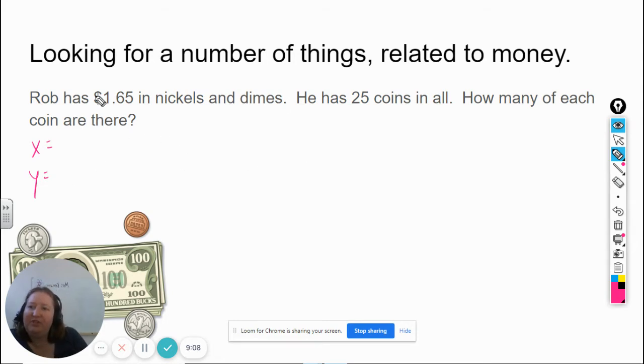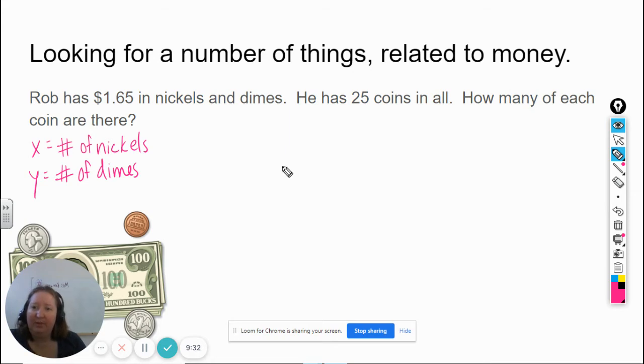Okay. So here's his total. That's how much money he has in total. And he has nickels and dimes. How many? So that's a number of, we'll say these are nickels, and then number of dimes.